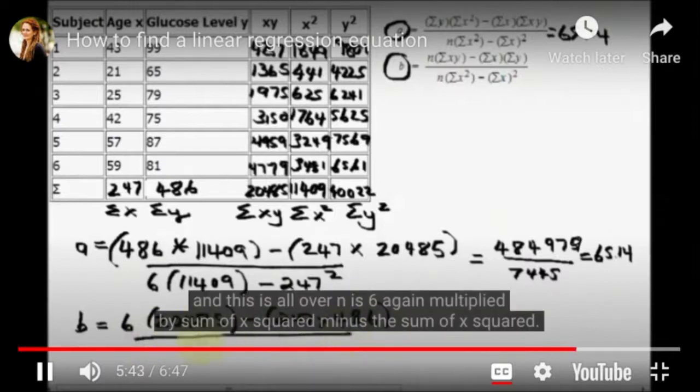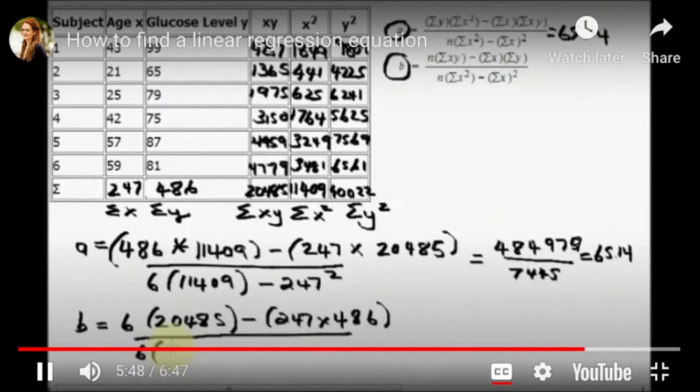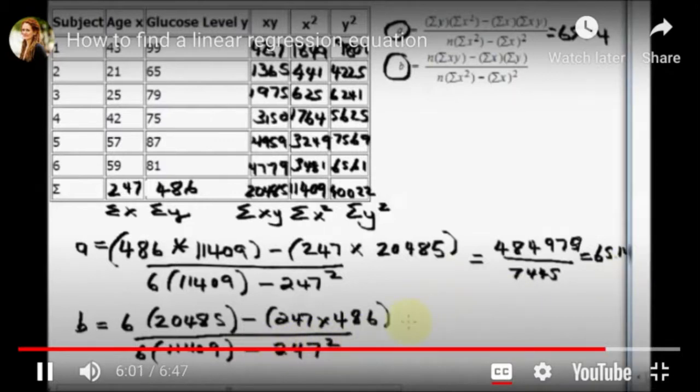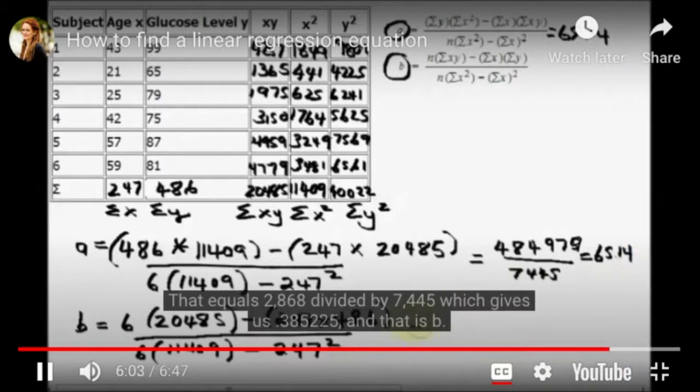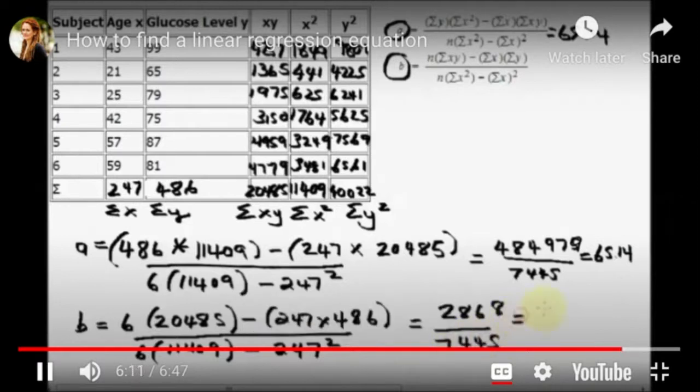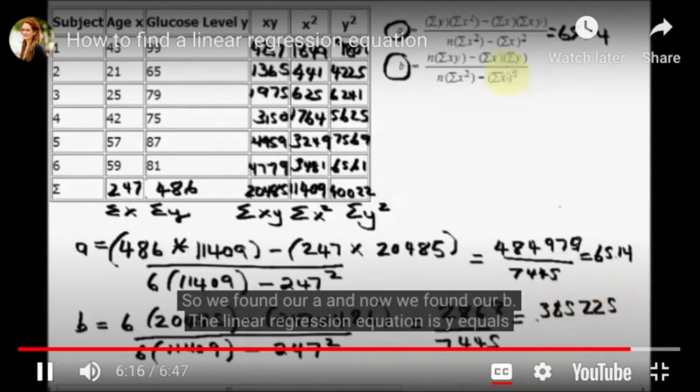And this is all over n is 6 again, multiplied by sum of x squared minus the sum of x squared. That equals 2,868 divided by 7,445, which gives us 0.385225, and that's B. So we found our A, and now we found our B.